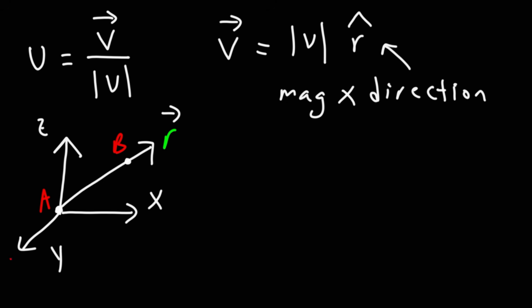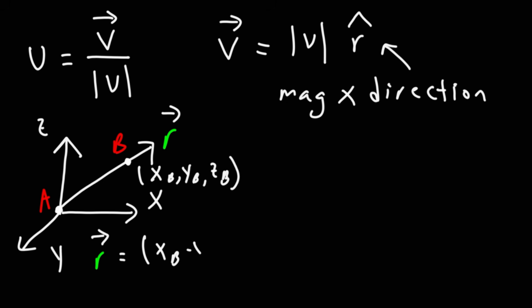The second point B, we'll have the points XB, YB, ZB. A will be XA, YA, ZA. To determine the value of the position vector, it's going to be the difference between XB and XA. This will give you the X component of the position vector, so that's Rx.